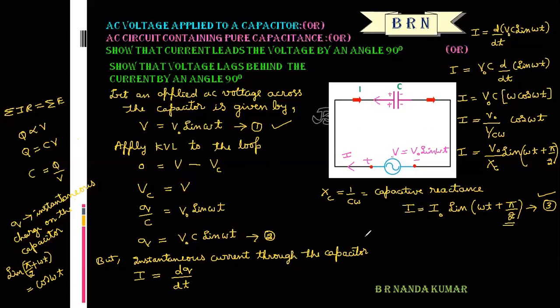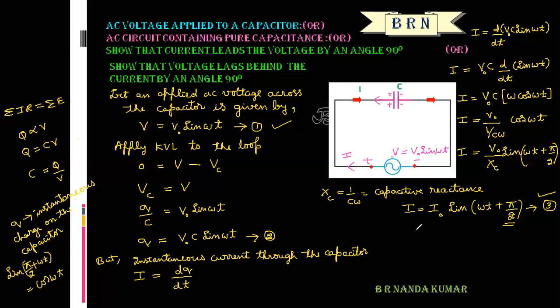In a purely inductive circuit, the instantaneous current flowing through the inductor is I is equal to I naught sine of omega t minus pi by 2. So in that case, the current lags behind the voltage. But here in a purely capacitive circuit, the instantaneous current flowing through the capacitor is I is equal to I naught sine of omega t plus pi by 2.